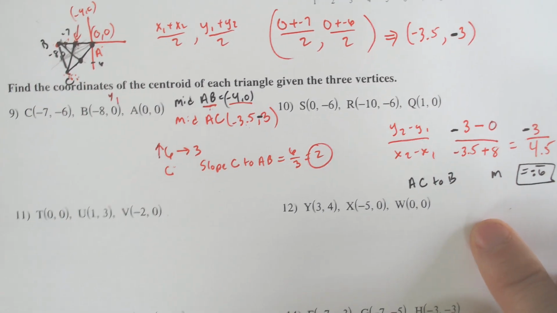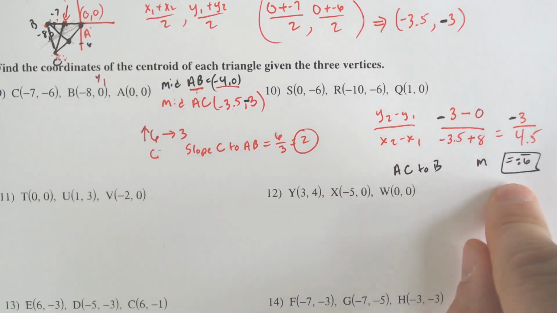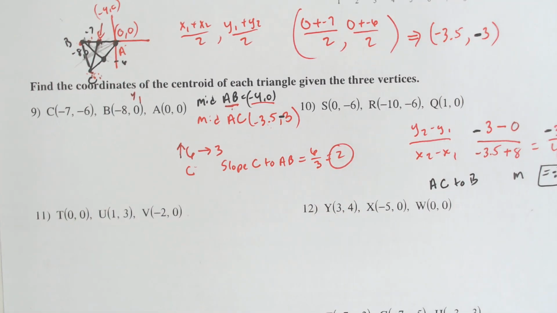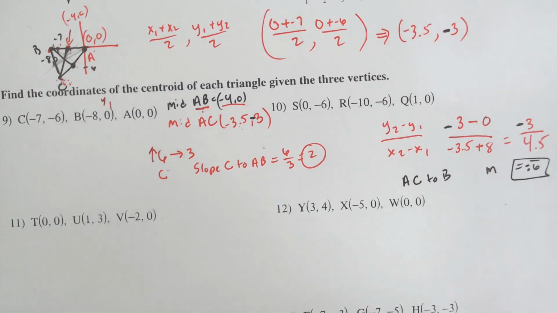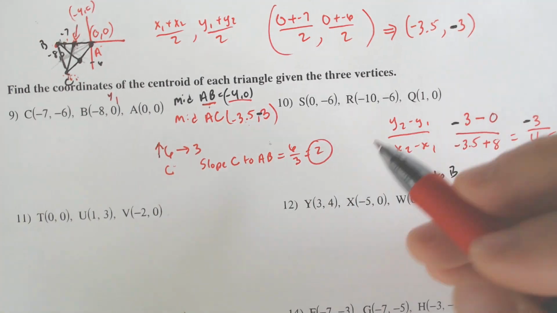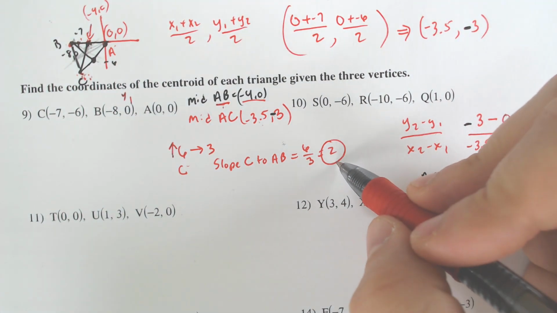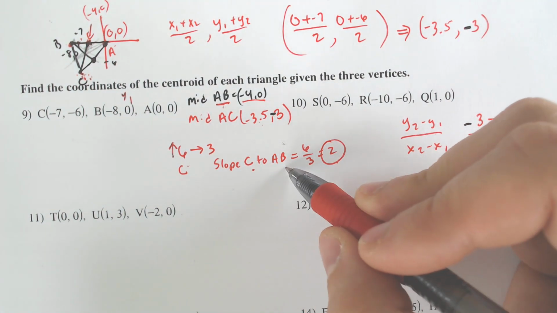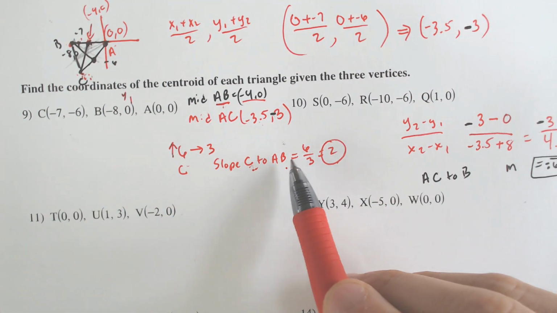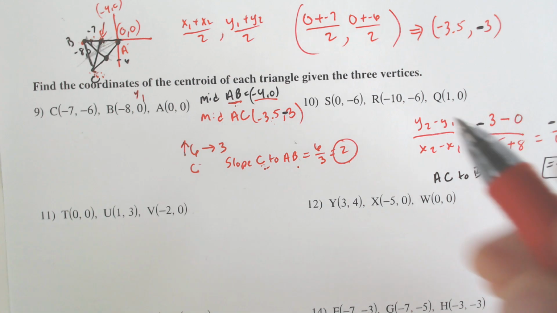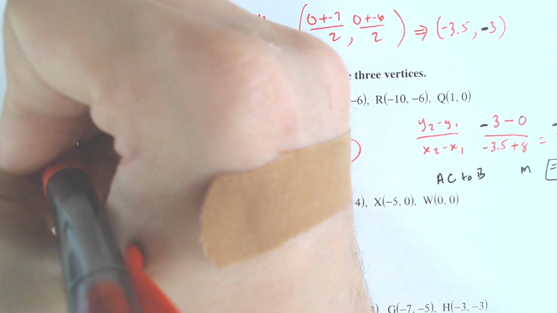Now we get the fun part. We have these two slopes. We have the points that we can use. We can either use the midpoints or we can use these points, but we got to be careful. If we're trying to find the equation of a line, we need to use the slope from C to AB. So I'm going to use point C because point C is a whole number, or I could use AB, which is also a whole number. So I'm going to find the equation here.